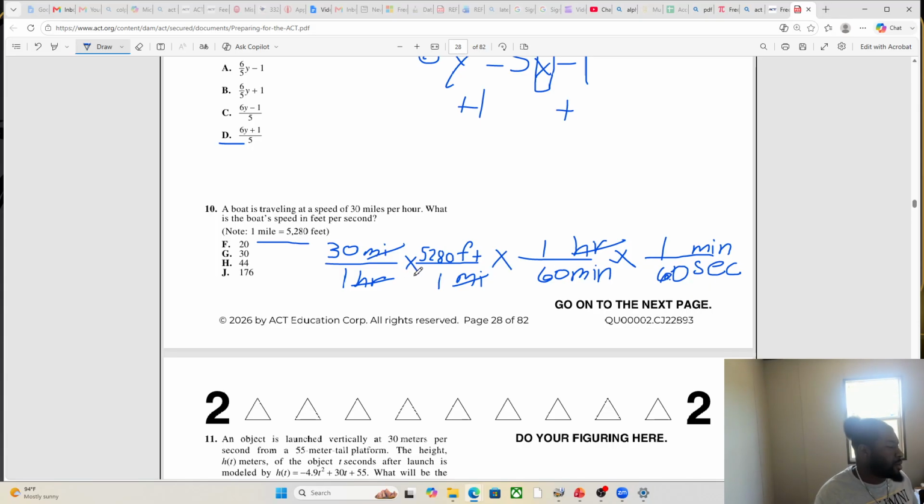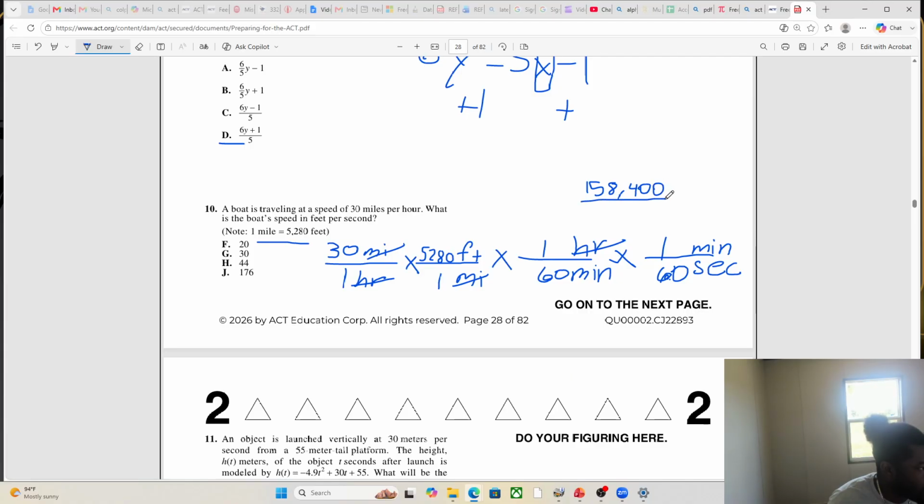All right, so what I tell my students, multiply your numbers on top. So 30 times 5,280 times 1 times 1. Okay, let's see what we get. 30 times 5,280 is 158,400.